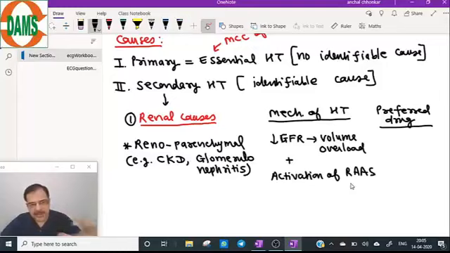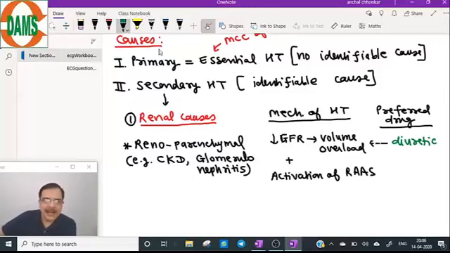Now the preferred drug in this scenario: to control the volume overload, we have to give diuretics, and along with that, to take care of RAS activation, an ACE inhibitor or ARB will be given.